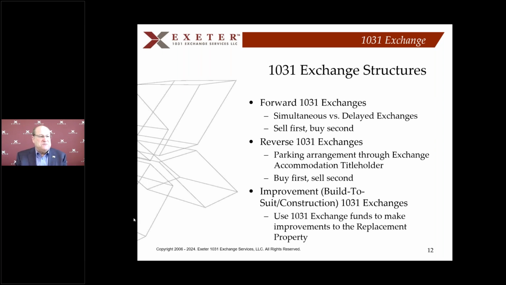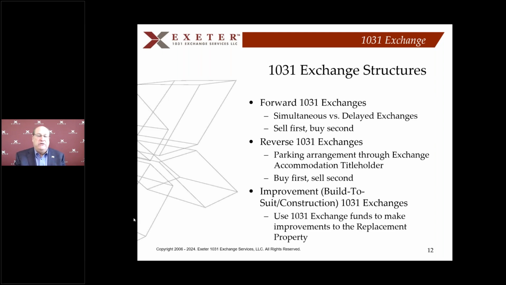Okay, having said that, let's move on, and this is where we really get into details on the 1031 exchange transaction. There's really 3 component parts: a forward 1031 exchange, a reverse 1031 exchange, and an improvement 1031 exchange. I guess component parts is probably not the right wording. It's 3 different structures, and then there are variations off of each of these.